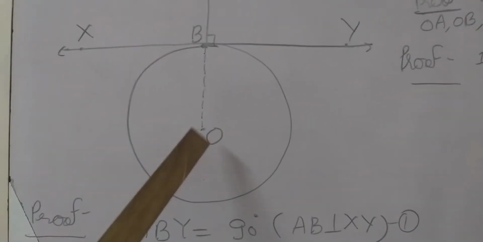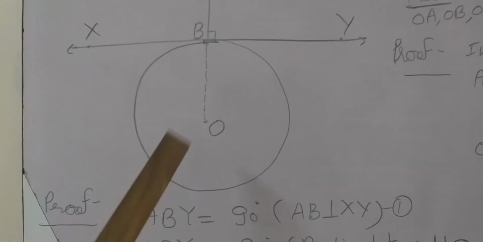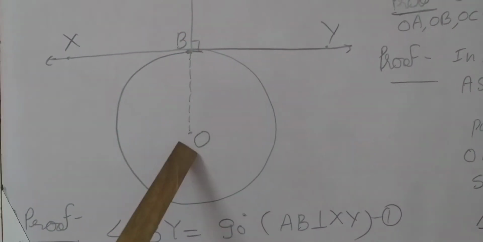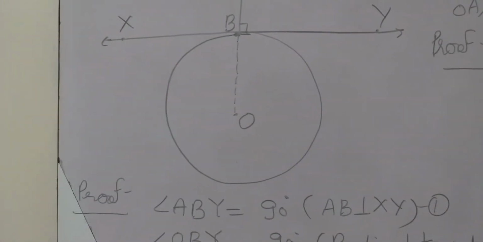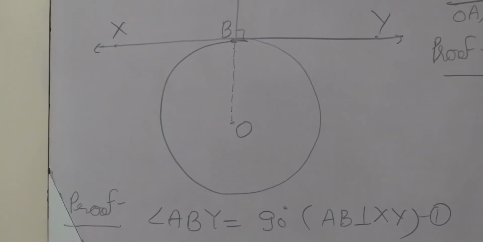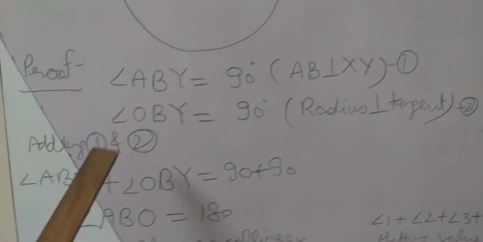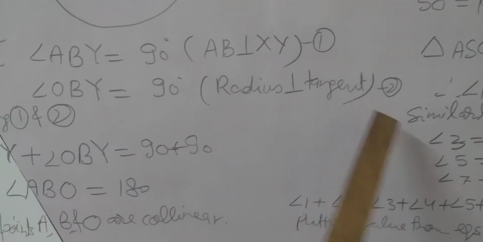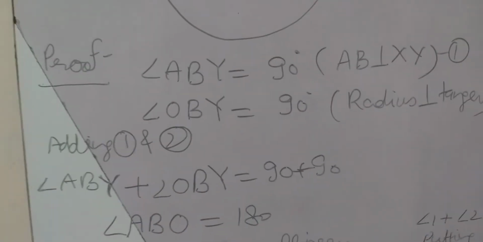Now students, angle OBY is also 90 degrees, because OB is the radius and XY is a tangent, and we know that the radius is perpendicular to the tangent at the point of contact.